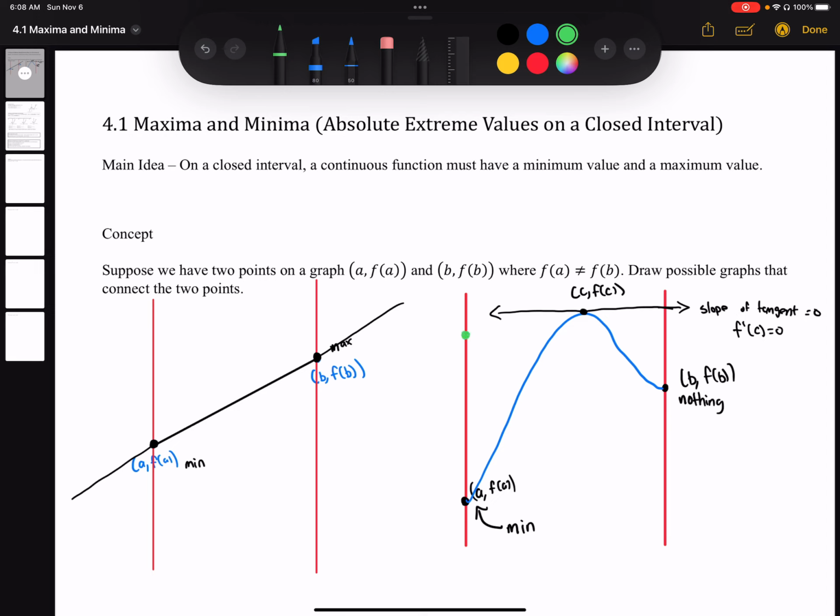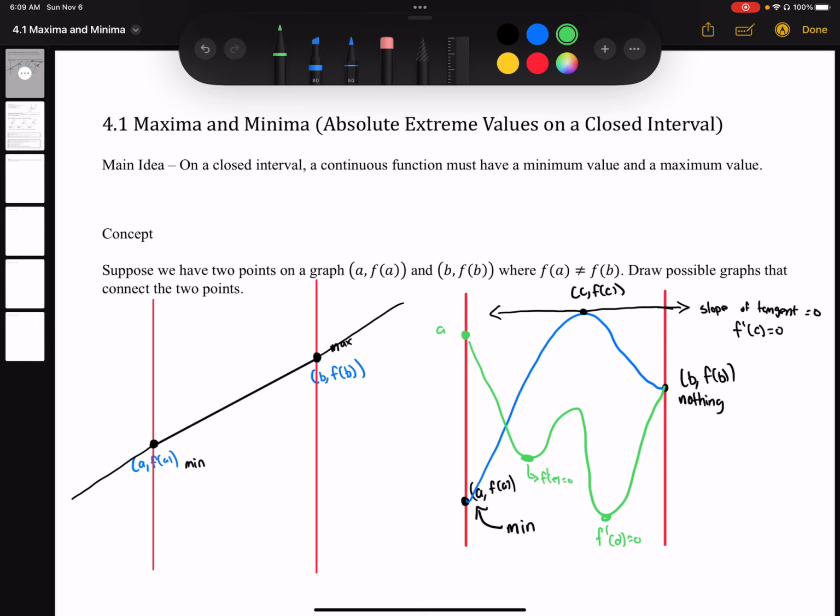Now, the other way that we could have gone from A to B is, let's use green instead. We could have had point A as the higher point. We'll call this point A, and then we'll still have point B, but it's lower now. So we could have gone from A to B using a graph that does something like this. But now we have two places where f prime of, we'll say, D equals 0 and f prime of another point equals 0.